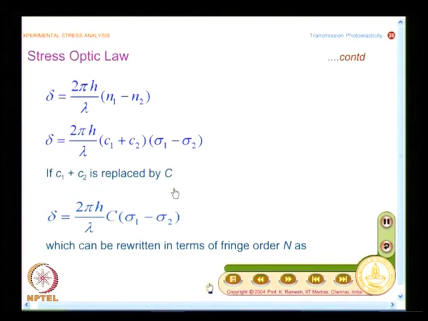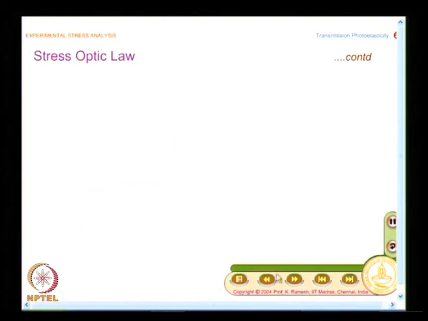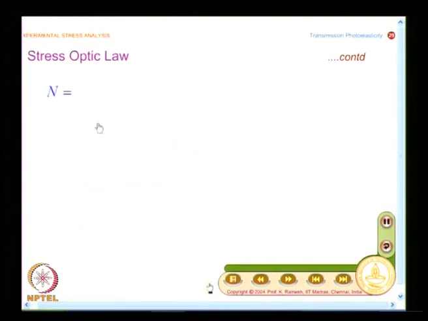So, what we will do is we will recast it, we will segregate the term delta by 2 pi, then the expression becomes a lot simpler to look at. So, I will write this n as delta by 2 pi.